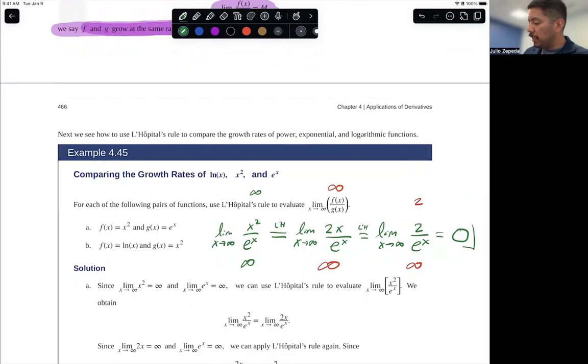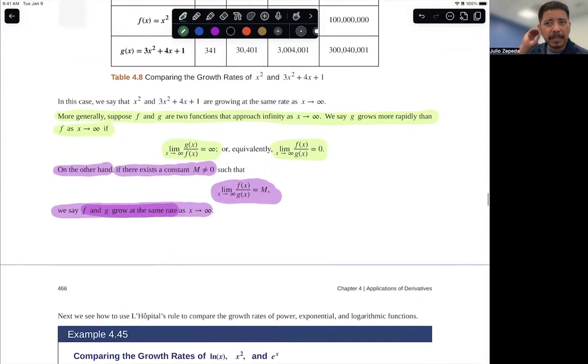And since we got 0 here, that means that the growth rate of the bottom function is a lot faster than the growth rate of the top function. And this is something you might already know. A polynomial like x squared does not grow as quickly as an exponential function like e to the x. So that's why exponential growth is something that's talked about commonly. If something grows exponentially, it's growing really fast.